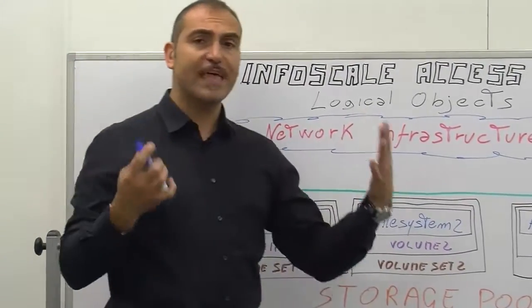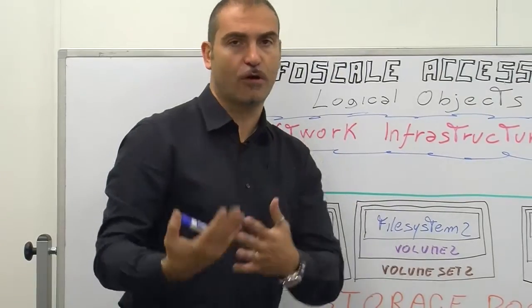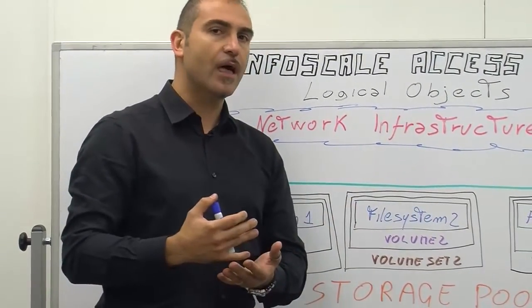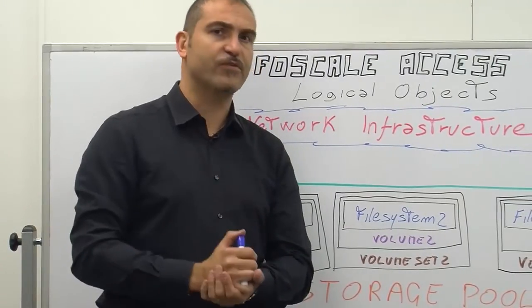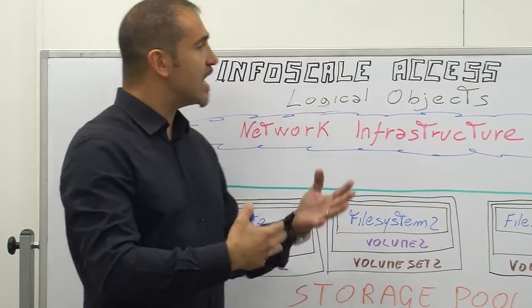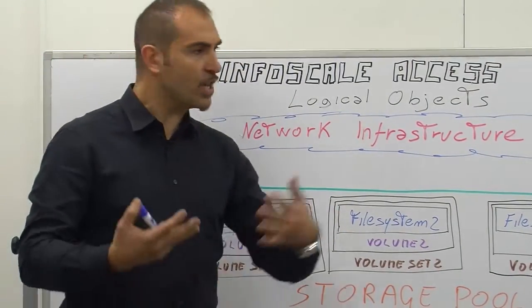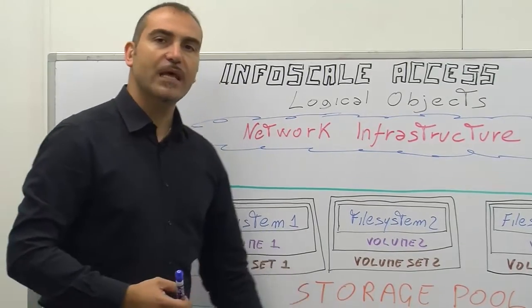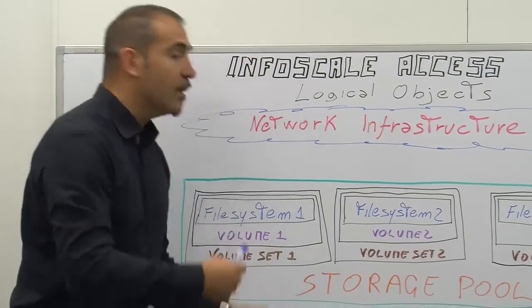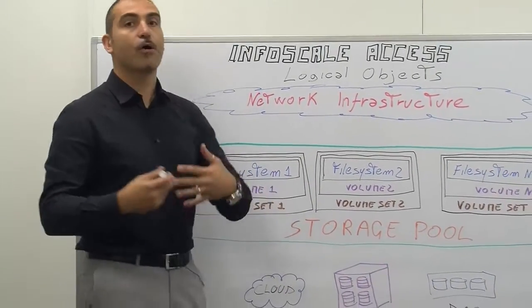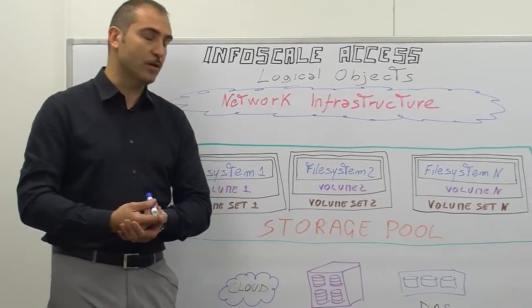The first step that we have to do is to discover the LUNs that we have to manage. The discovery is done automatically when you install InfoScale Access on existing servers, or every time that you add more systems. You can even start your discovery whenever you want, of course. The discovery will let you recognize all the LUNs, physical LUNs, logical LUNs that are connected to the InfoScale Access nodes.